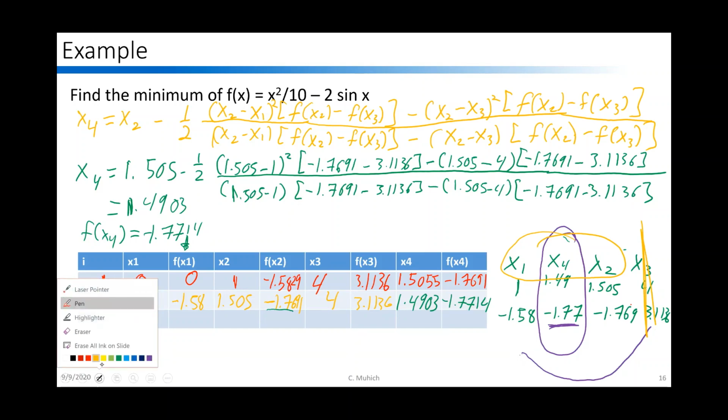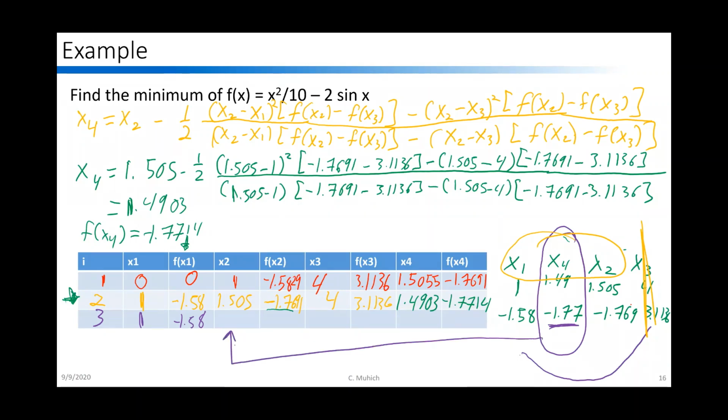So we can do this one last time, maybe in purple. We're now on iteration number 3. We're going to preserve x1 and its value. We're going to now make x2 what used to be x4, because that's the next value in that number line. So 1.49.